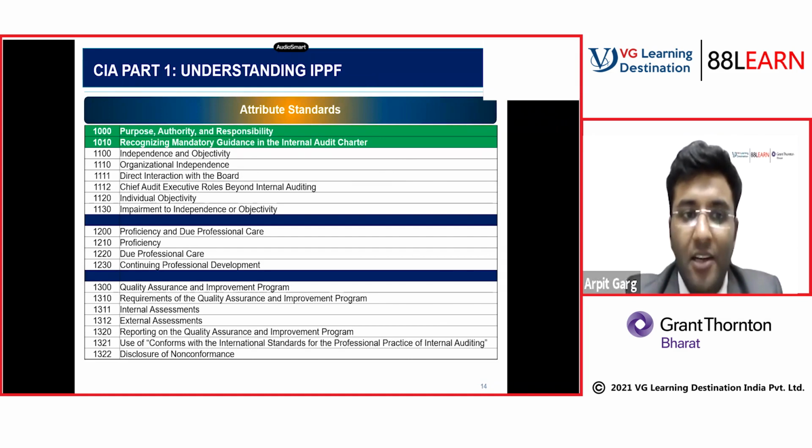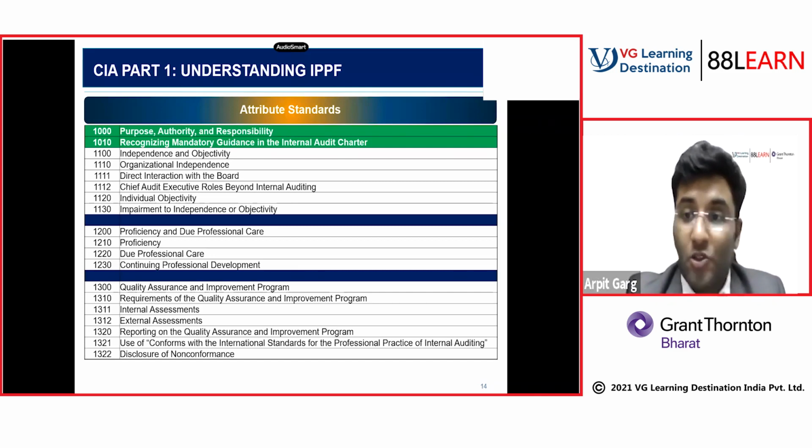So 1000 is that. Then we have 1010, which is recognizing mandatory guidance in the internal audit charter. Then we have 1100, which covers independence and objectivity. 1110, organizational independence, direct interaction with the board, CAE roles beyond internal auditing, individual objectivity, impairment to individual objectivity. All these 19 standards we are going to cover as part of the Part 1 sessions.